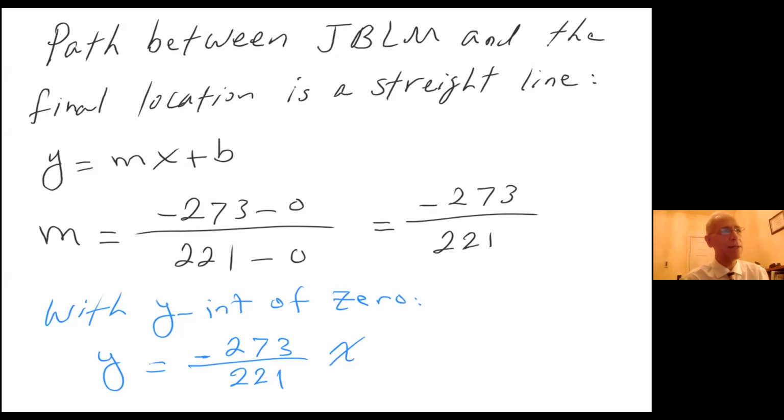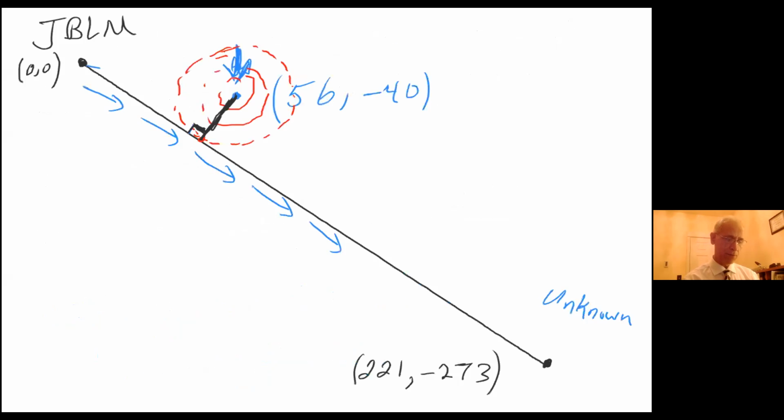We know that the path between JBLM and the final location is a straight line, y equals mx plus b. First, I'm going to use the coordinate points and find the slope. The slope is the change of y over change of x, in this case negative 273 over 221. Remember that in our picture, this is our 0, 0.